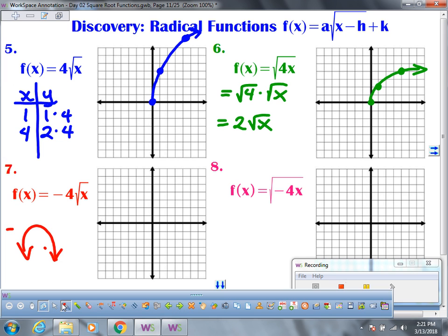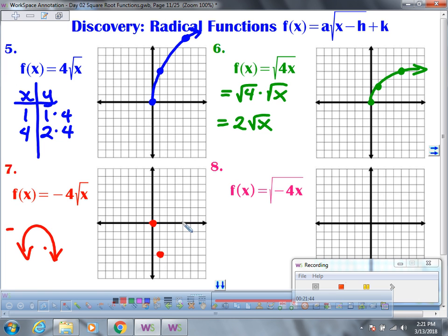It's going to stretch, but it's going to stretch in the negative direction. So instead of going over 1, up 1, I'm going to go over 1, down 2, 3, 4, and instead of going over 4, up 2, I'm going to go down 2, but I'm going to multiply it by 4. 2, 3, 4, 5, 6, 7, 8.